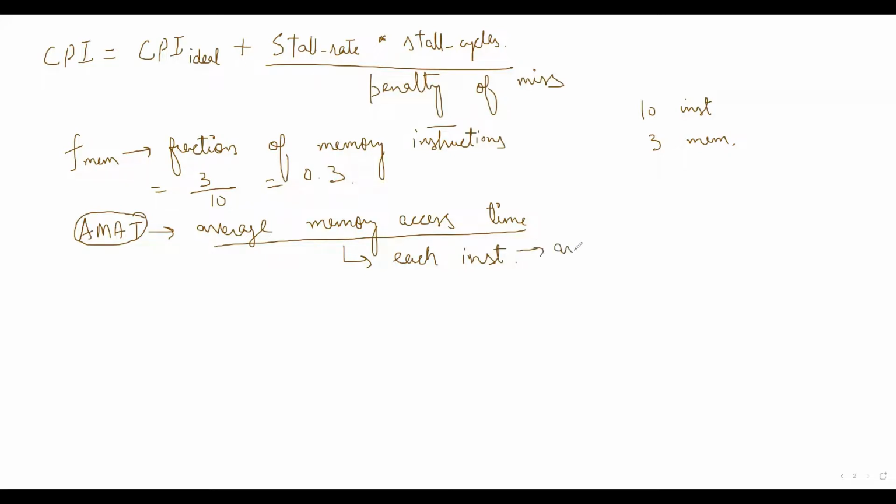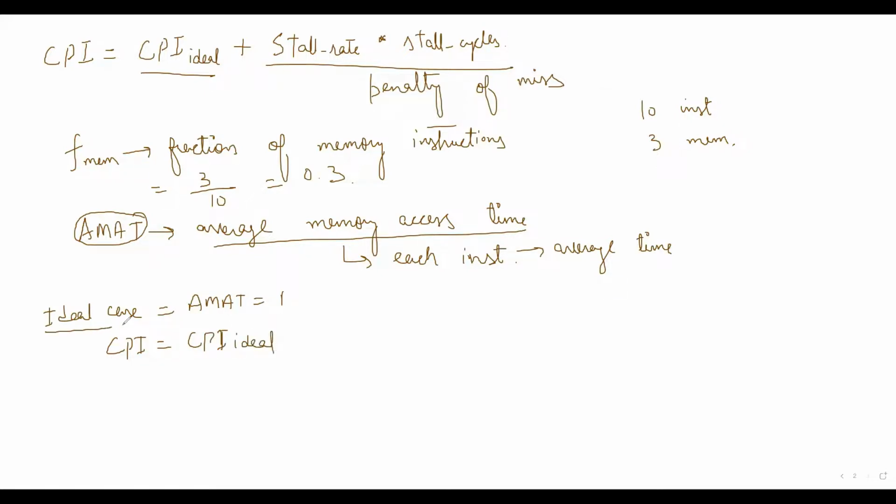Now in the ideal case, AMAT is equal to 1. AMAT equal to 1 means a hit is there. So in that particular case, CPI is equal to CPI ideal.